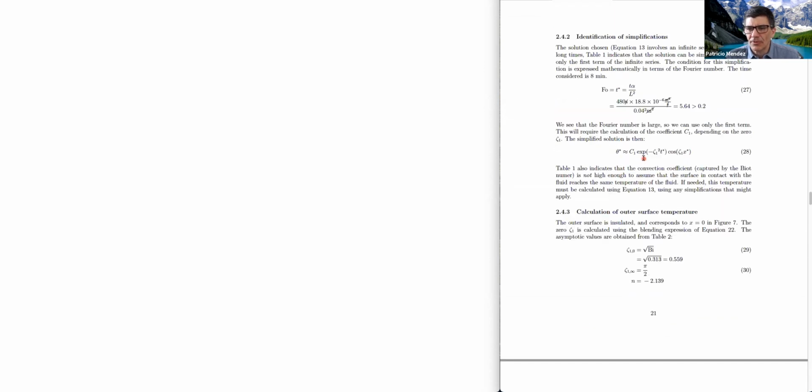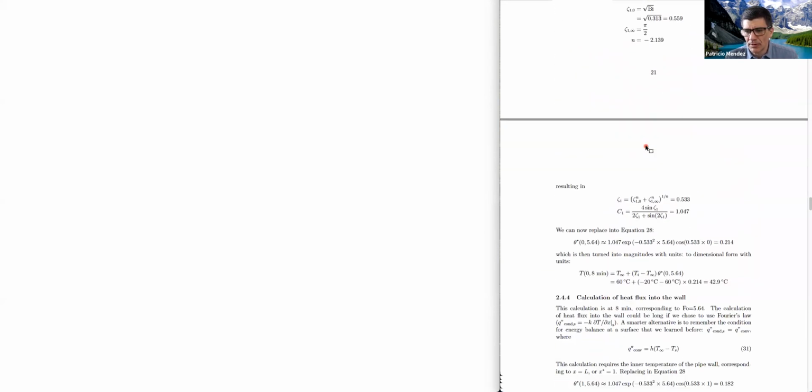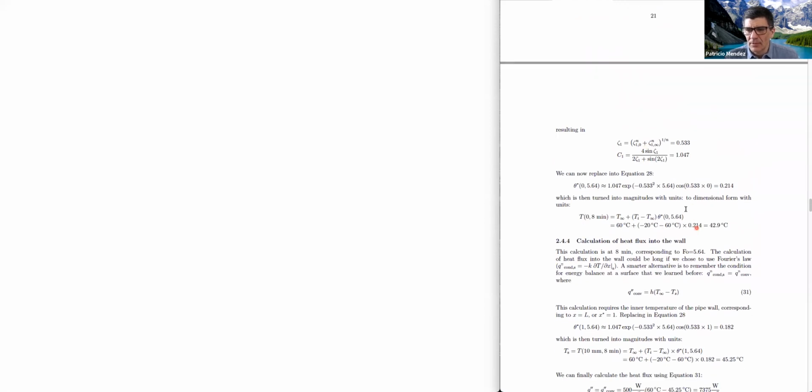The outer surface of the pipe is at x equals 0, so the cosine of 0 goes away, and it will be C1 exponential of minus zeta 1 squared times the Fourier number. Only this part is the one that matters. We calculate the value here, cosine of 0, and get 0.214.